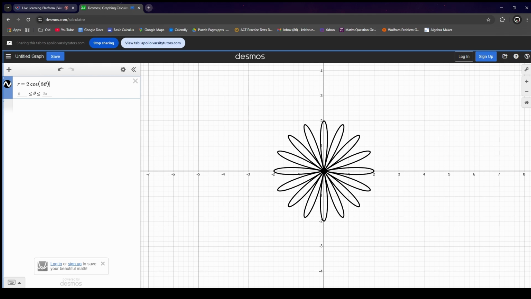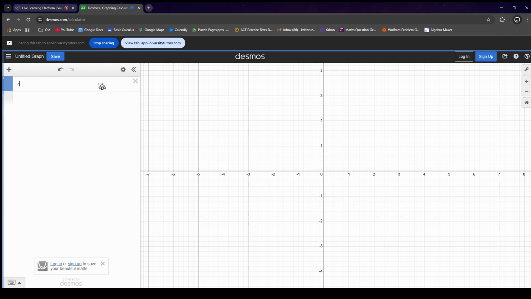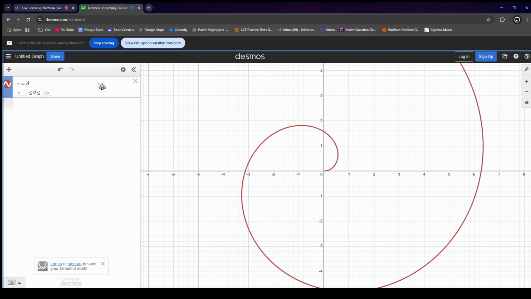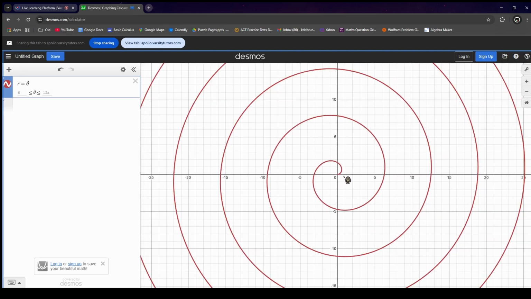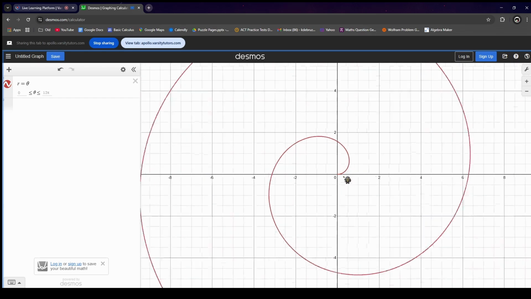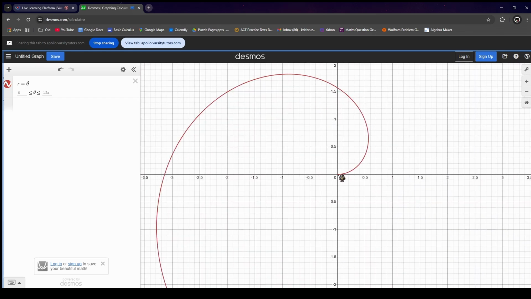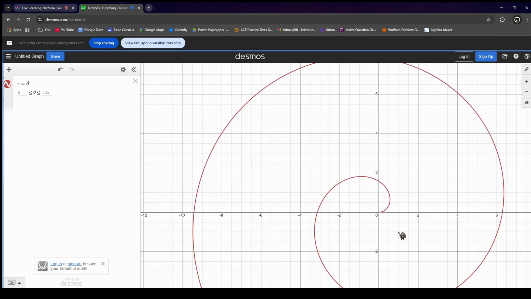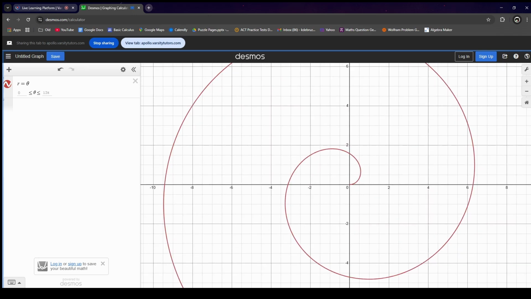Had to Google that. This one's also pretty cool. If r is equal to theta, we get a spiral. It makes sense because the farther around the circle you go, theta is greater, so the radius will also be greater.